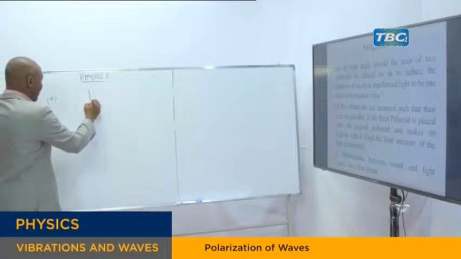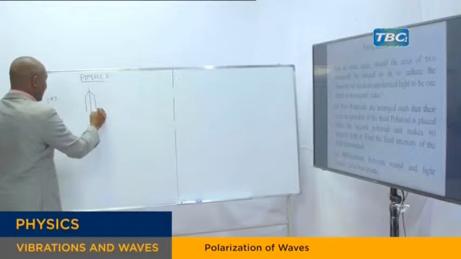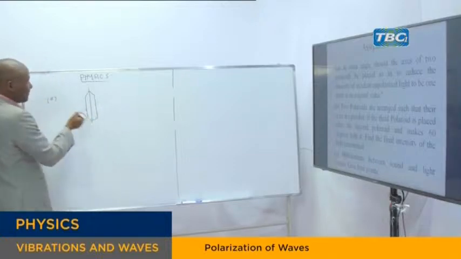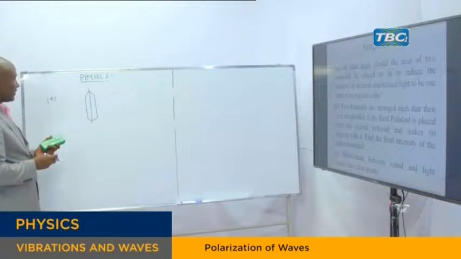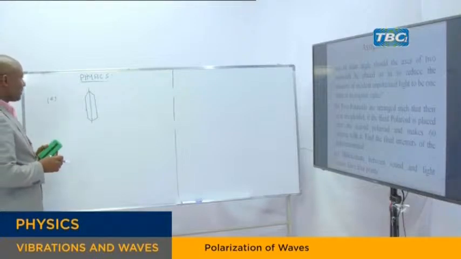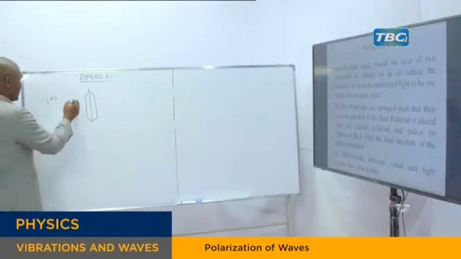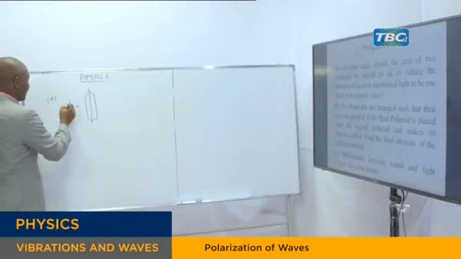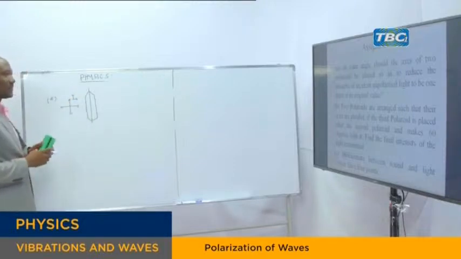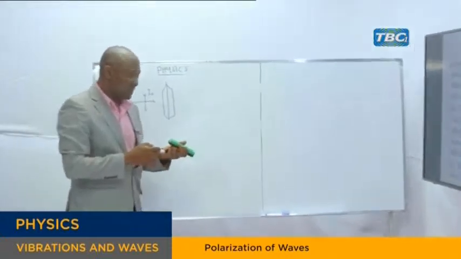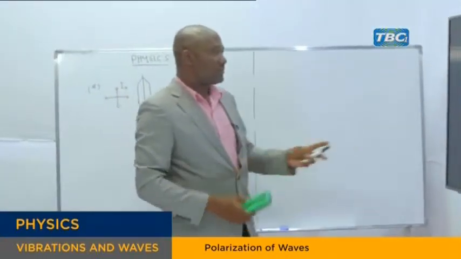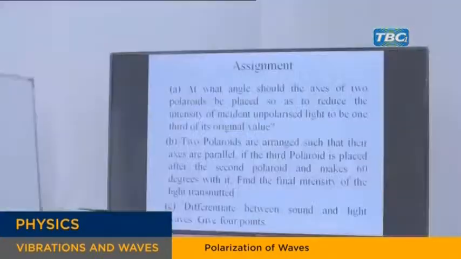Let's consider the first polarizer is at this point here, maybe at the left side of your board, and then assume this is unpolarized light whose intensity is I0, because the question is talking about the light which is falling on this one being unpolarized.